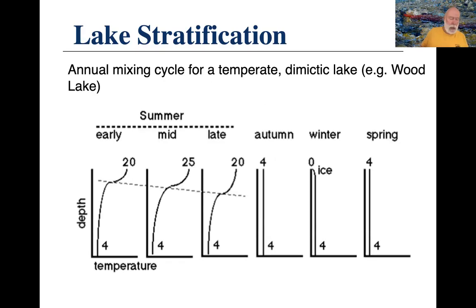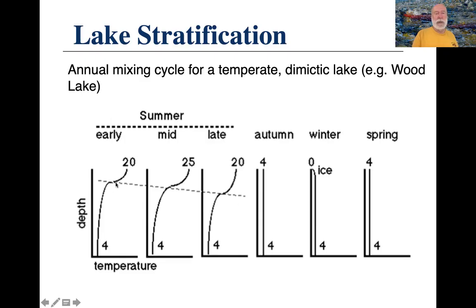Now, lakes aren't stratified all year round typically. They go through an annual cycle. So here's kind of a representation of how things change over the course of the seasons in a lake. So in summer, we have warm surface waters on a lake, okay?